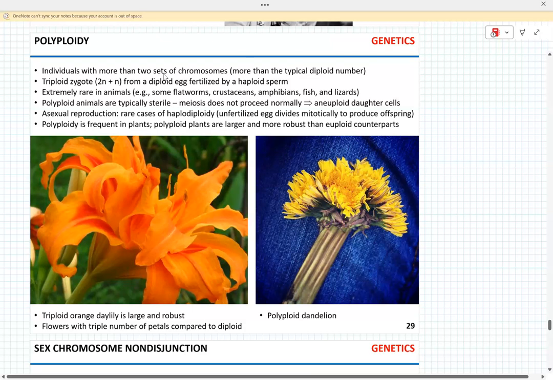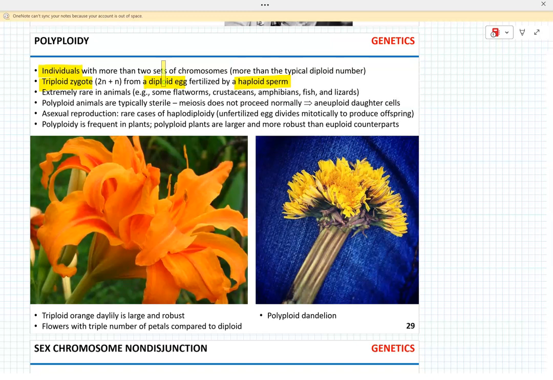Another chromosomal abnormality is polyploidy, which refers to the organisms with more than two sets of chromosomes. So, for instance, if there is a diploid egg that is fertilized by a haploid sperm, it will lead to a triploid zygote. It doesn't happen often in animals.